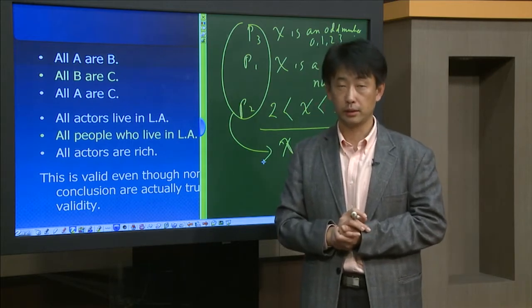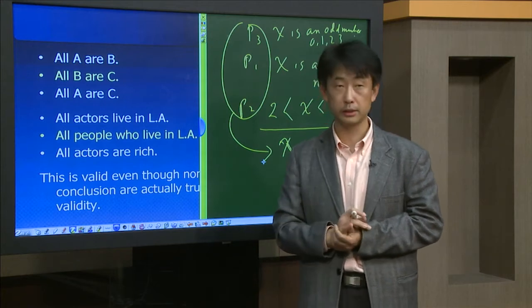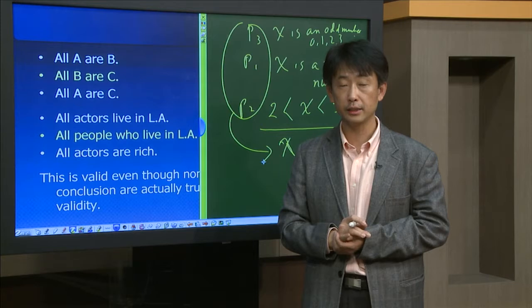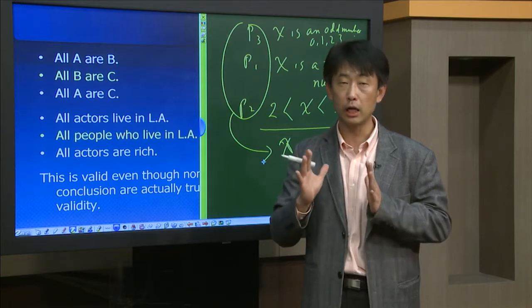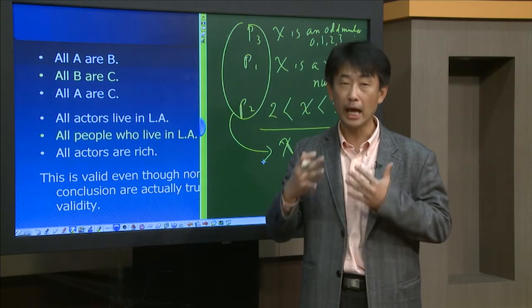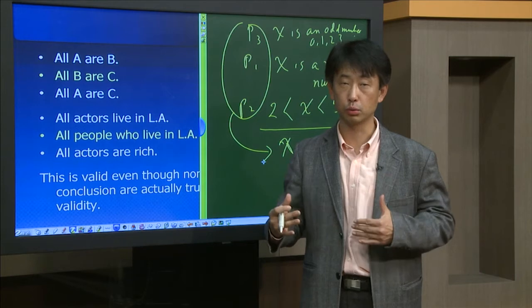Let us look at another example. And this example is especially useful because it illustrates the idea that validity of an argument is not directly related to the actual truth value of premises or the conclusion.